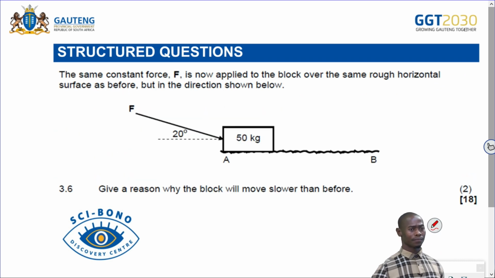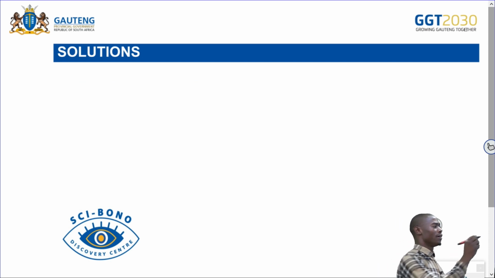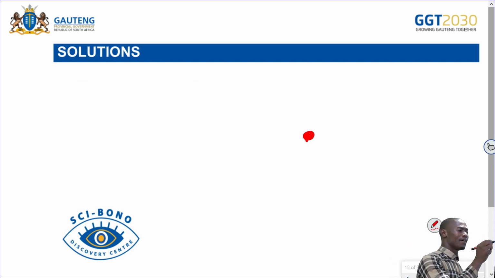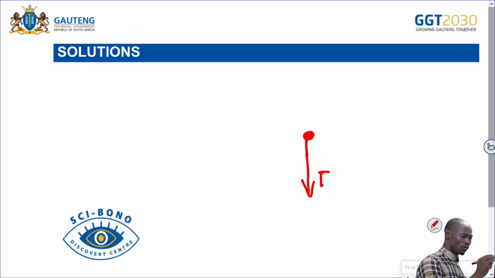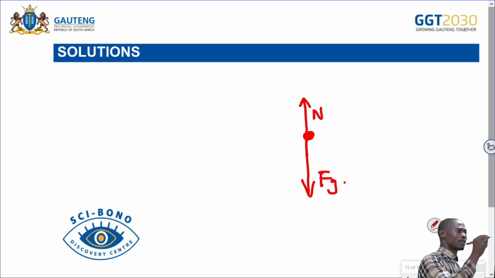So the forces will be, okay, free body diagram. I know Fg is always there, right? Fg is always there. Then I'm having again the normal force. What else am I having? The force that is applied at an angle, that force.